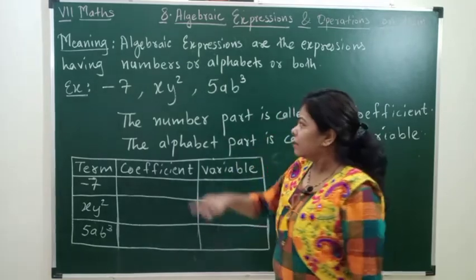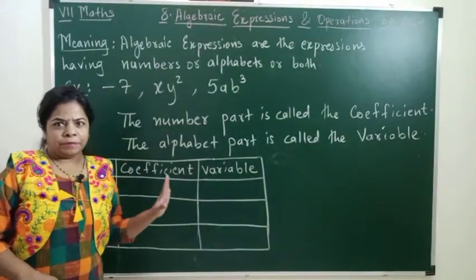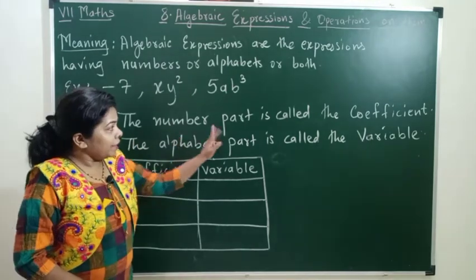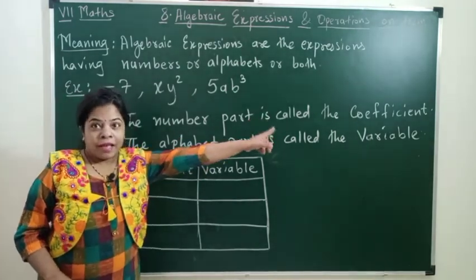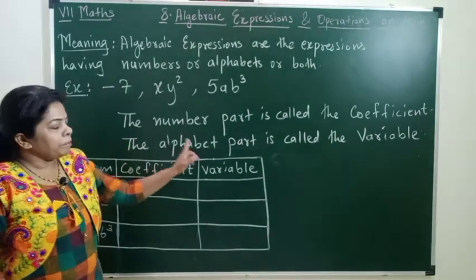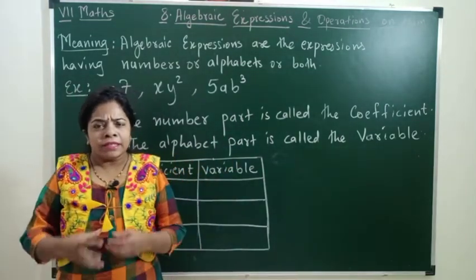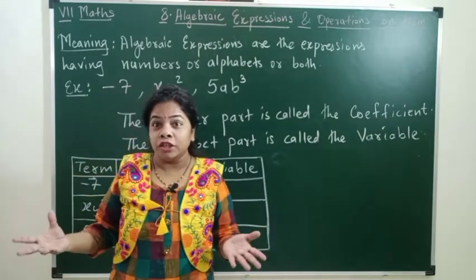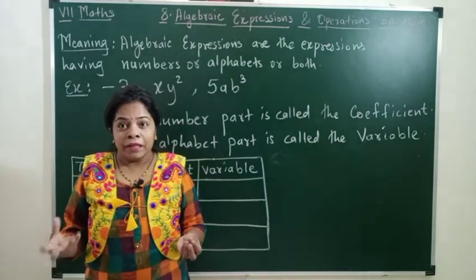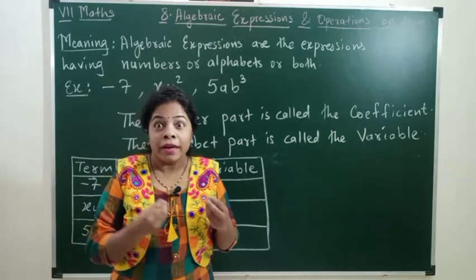So children, in this algebraic expression, the number part is called the coefficient, and the alphabet part is called the variable. Variable means something which is going to change. When I say variable, it's a word very similar to variety.